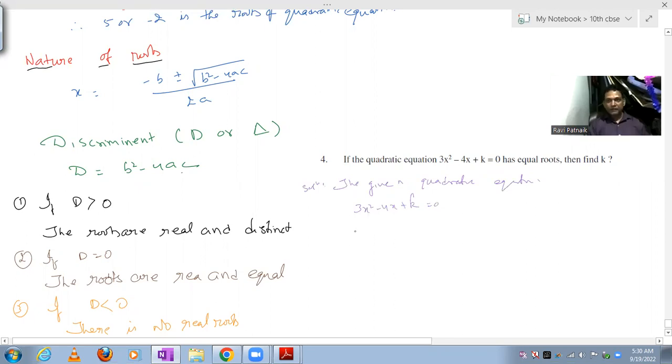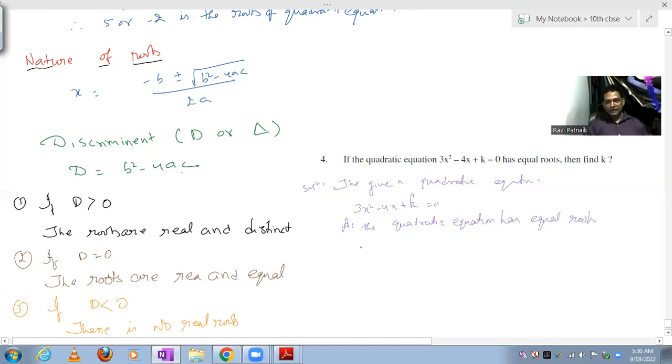As the quadratic equation has equal roots, we can write discriminant is equal to 0.